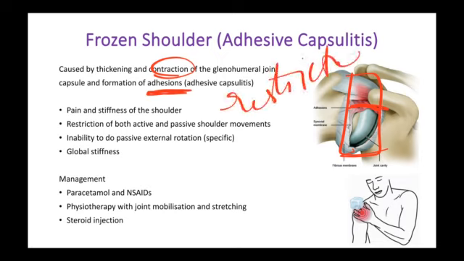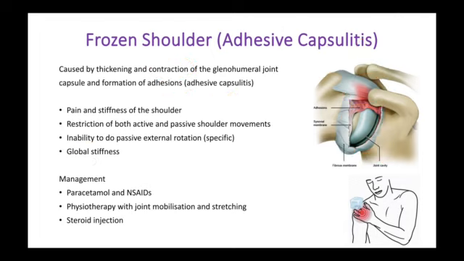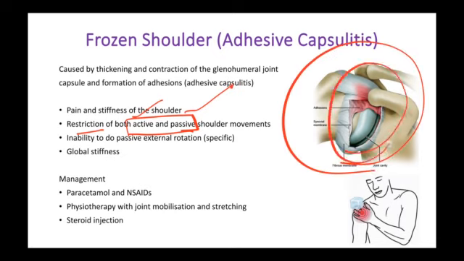The patient will also have global stiffness, pain and stiffness of the shoulder, and restricted movement, both active and passive. He is unable to move the shoulder at all, be it active or passive, because of the restriction in the complete ball and socket joint.